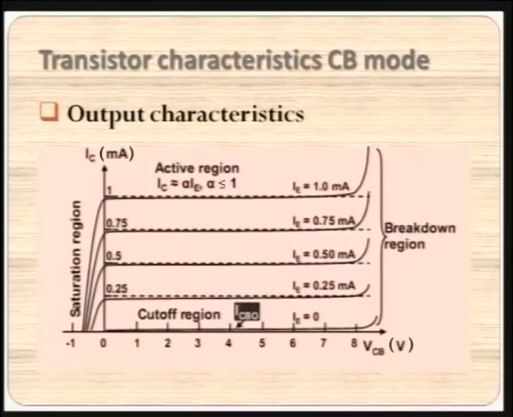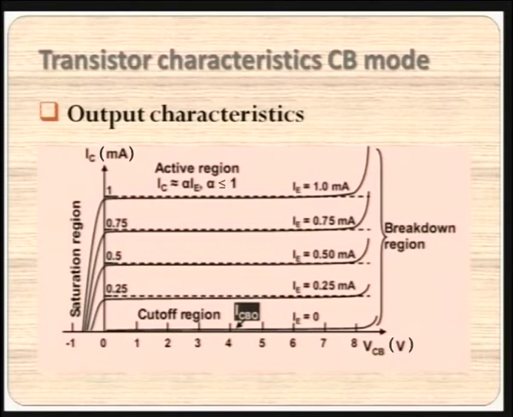And by taking the inverse of the slopes especially, we can find the input impedance and the voltage gain, etc. It is the same calculation that we have carried out for the common emitter mode, to be done here for the common base mode also. Now, let's have a look at the output characteristics. The output characteristics have some additional features.